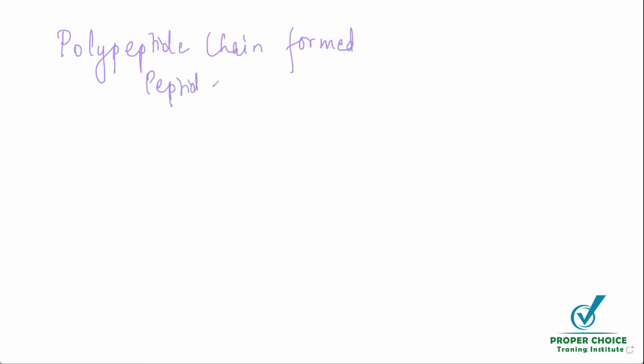But what kind of question comes is this: when a polypeptide chain has to be formed, meaning when a peptide bond has to be formed, then water is removed from the amino acids.